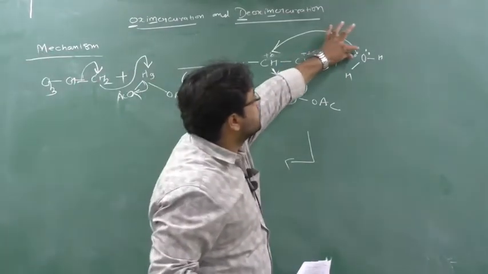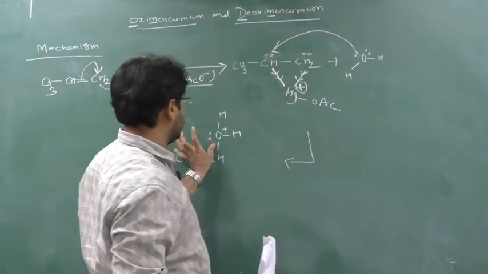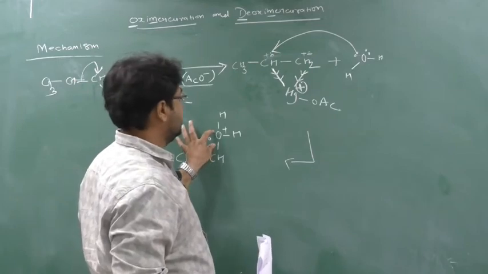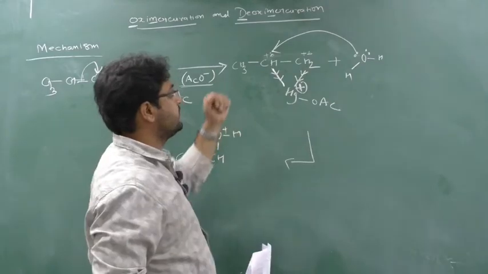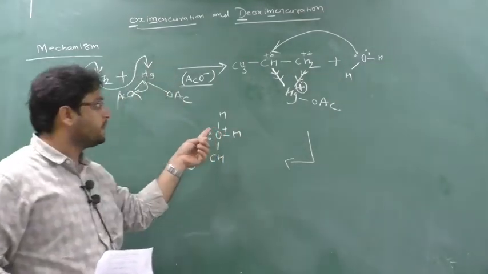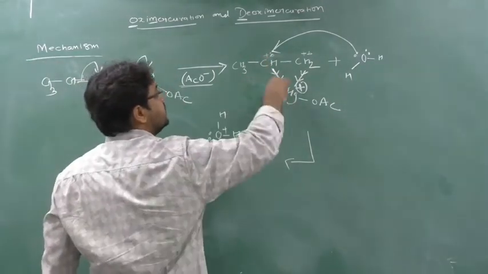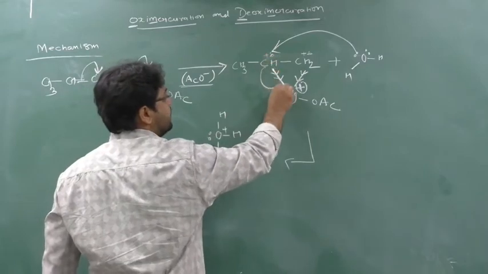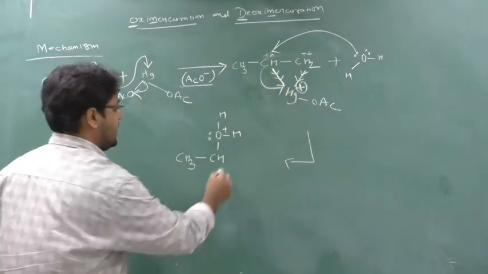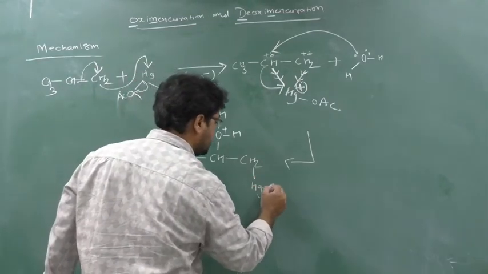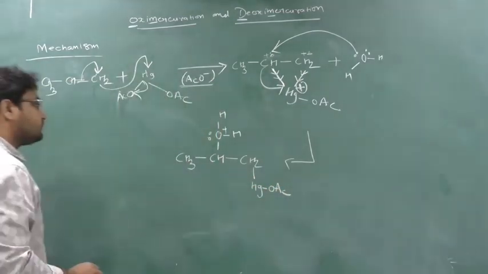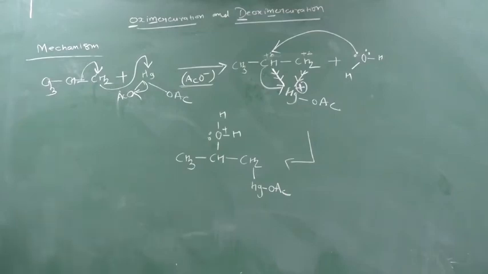This oxygen is giving one lone pair to this, so one bond will be formed. Oxygen 1, now hydrogen there are 2. Out of 2 lone pairs, one lone pair is given, and one who gives one lone pair creates positive charge. So when this is given, now this is satisfied, so this bond will get broken. Yes or no? So what will happen here? It will form CH2, here it will be forming Hg, here it will be forming OAc. Are you understanding or not? So this will be the formation.